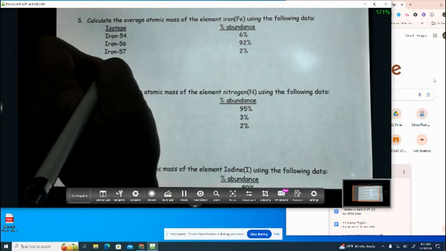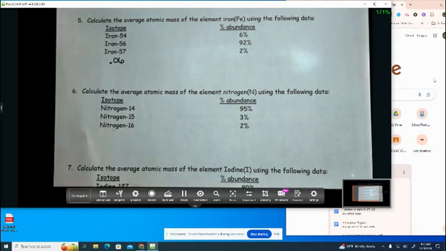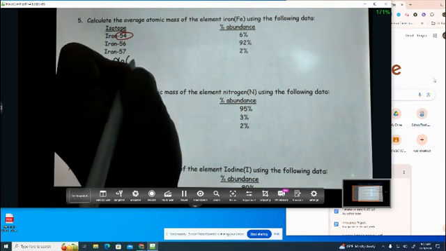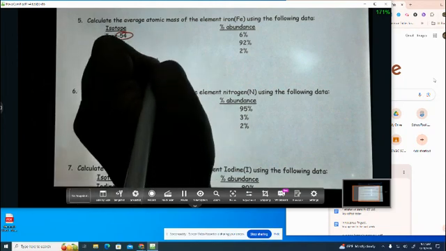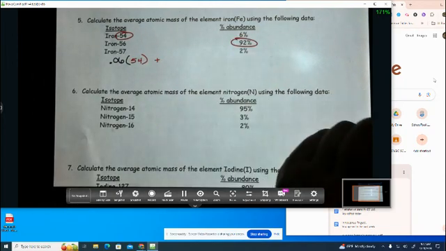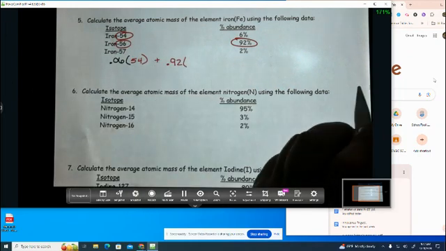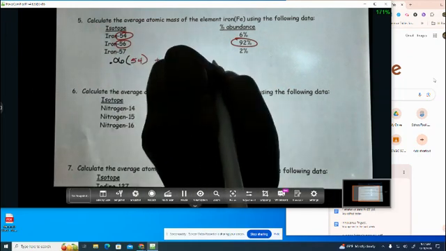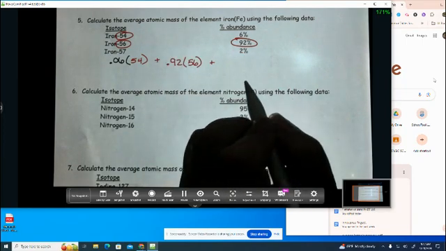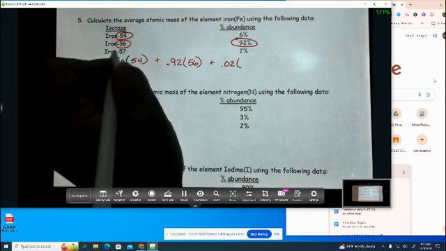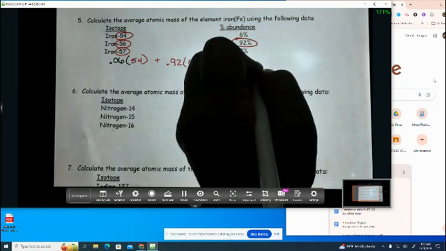6% becomes 0.06. What are we multiplying that by? 54. Plus 92%, which becomes 0.92, times 56, plus 2%, which becomes 0.02, multiplied by 57.